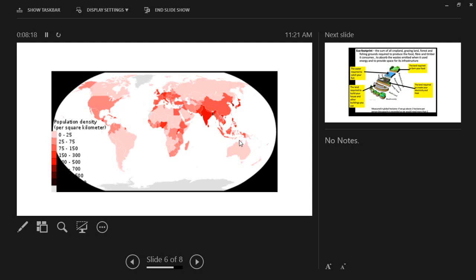Even though we don't have the biggest population, we have what they call the biggest ecological footprint.